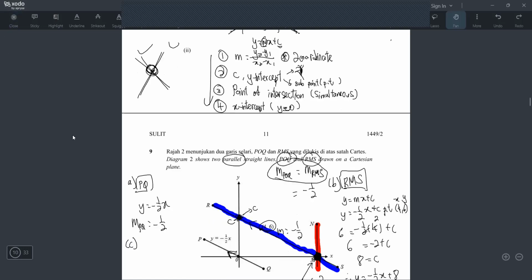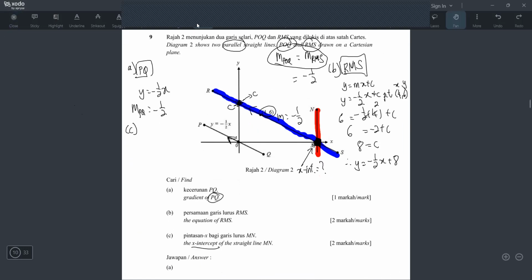So for example, if I want to find x-intercept of MN, it means I have to take MN punya equation and ganti y equals 0. But the problem is I don't have the MN equation. So here comes the tricky part. Look at the biru punya line. Because if you look carefully at this point M, dia adalah x-intercept untuk MN, betul?